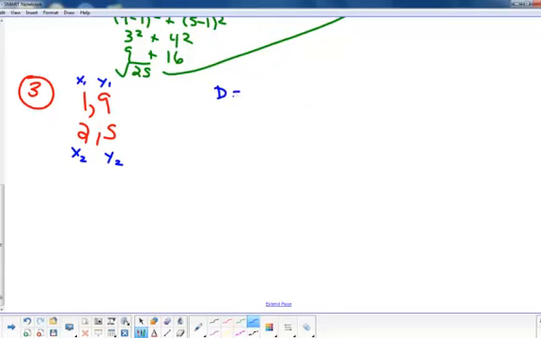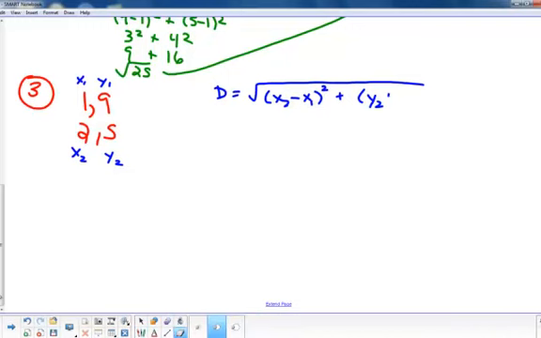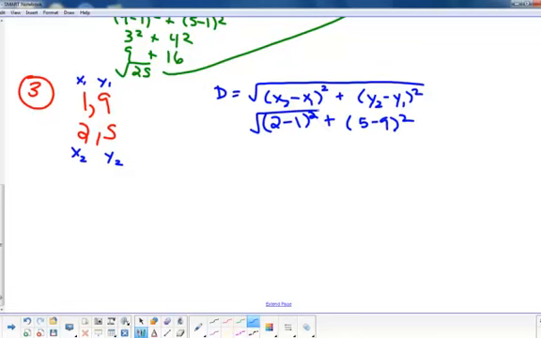Our distance formula is the difference of your x's squared plus the difference of your y's squared, all square rooted. So we can put in 2 minus 1 squared plus 5 minus 9 squared.